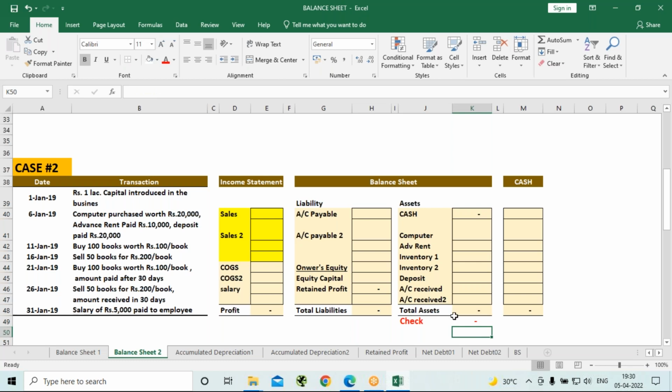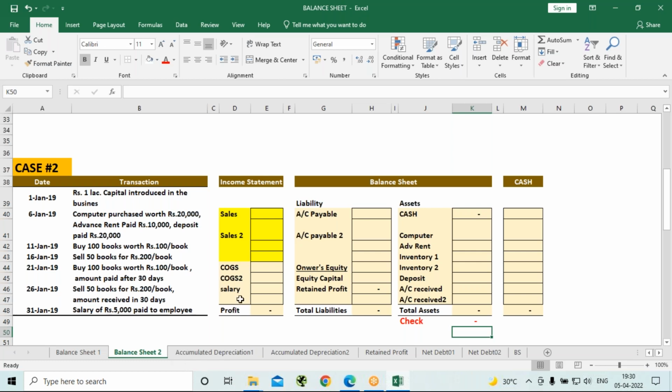I have created the link between the cells. So you just try case number 2 when I send it to your WhatsApp group.